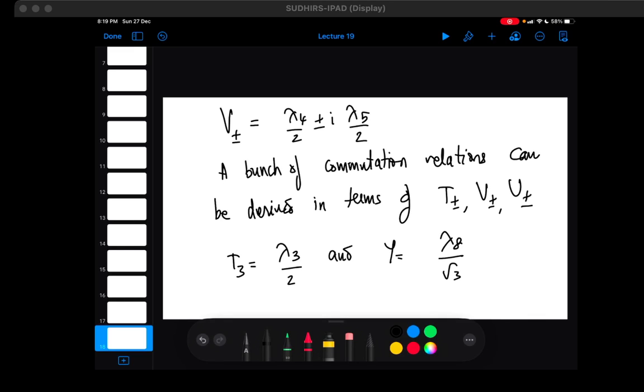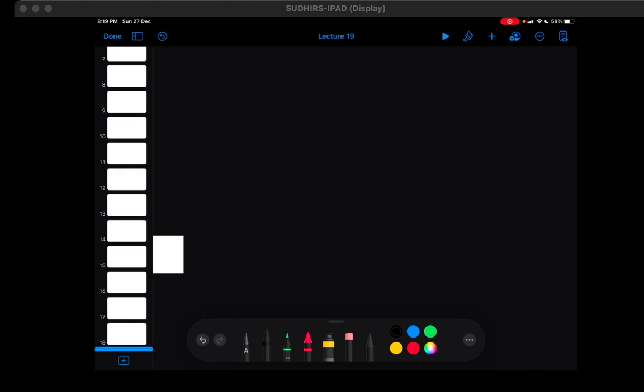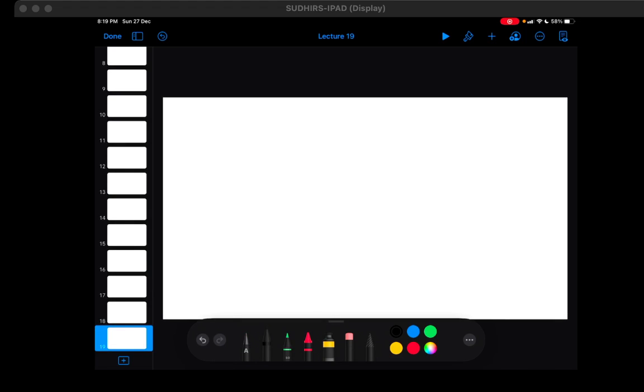So I won't write down all possible commutation relations. Let me write down a few just for completeness, to see how the raising and lowering operators work.